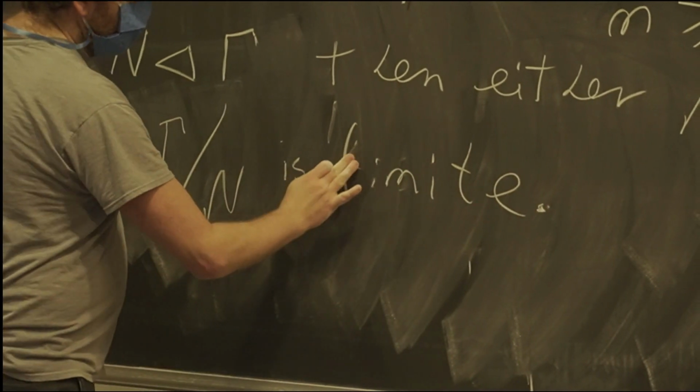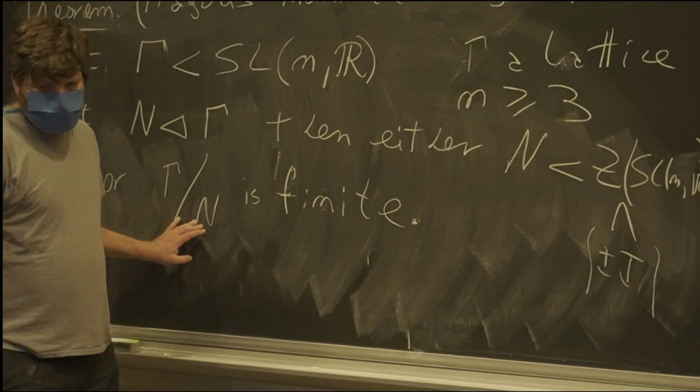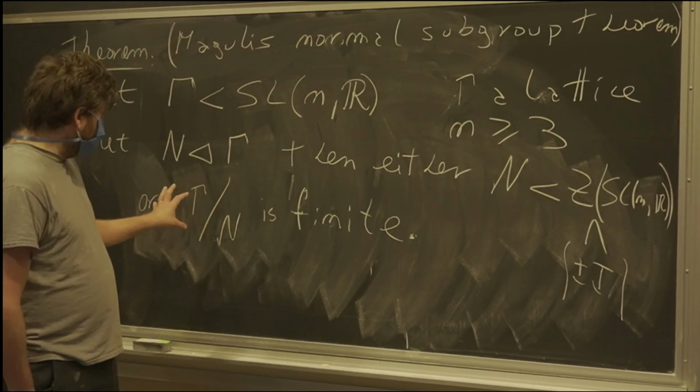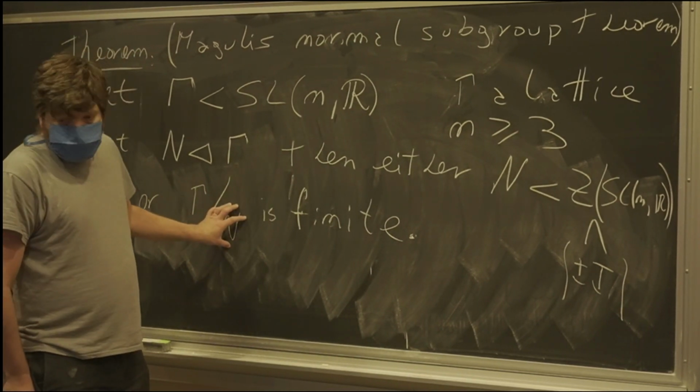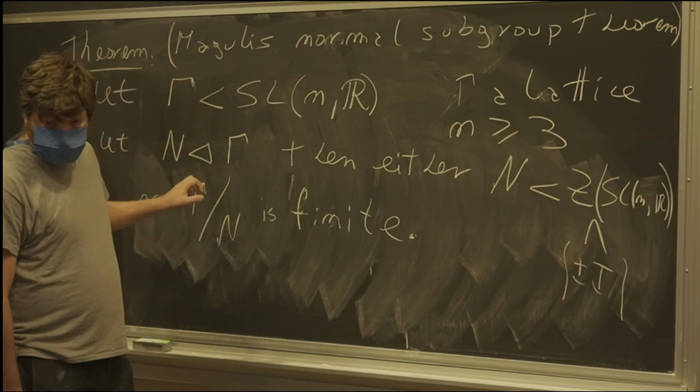Okay? So which tells you that then N is almost everything in gamma. And in particular, N is also a lattice, which can be seen easily from this being finite.